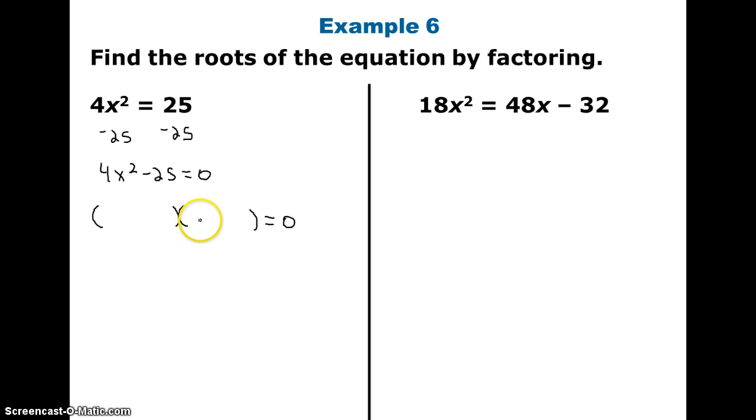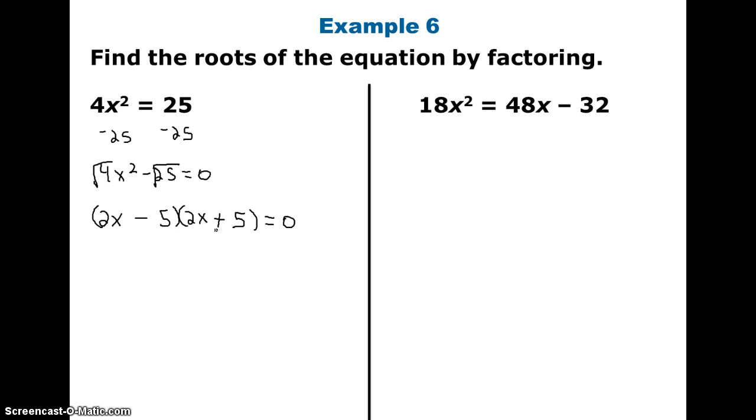So this is the zero product property. We have a for the first parenthesis, b for the second parenthesis, equal to 0. We're going to take the square root of 4. So you put a 2 here with the variable, 2 here with the variable, and then you use the square root of 25. So that's 5, and 5 over here. To get the negative, we need a minus and a plus.